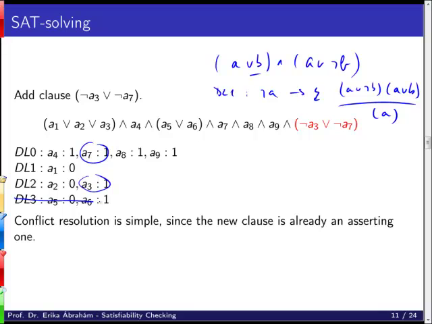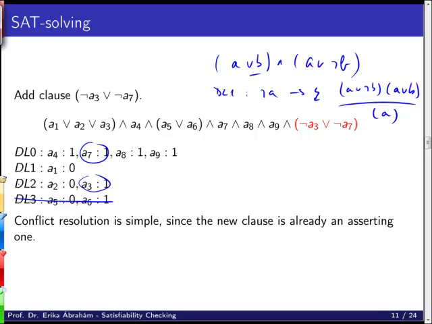So I would undo A3, the last decision level in my conflicting clause, and I would do conflict resolution. And in the normal SAT-solving procedure, the conflicting clause, where the conflict appeared, has always at least 2 literals at that level. That means I always have to apply resolution to get an asserting clause. Now, it is not always the case. Like now, the clause that I got is already an asserting clause at decision level 2.